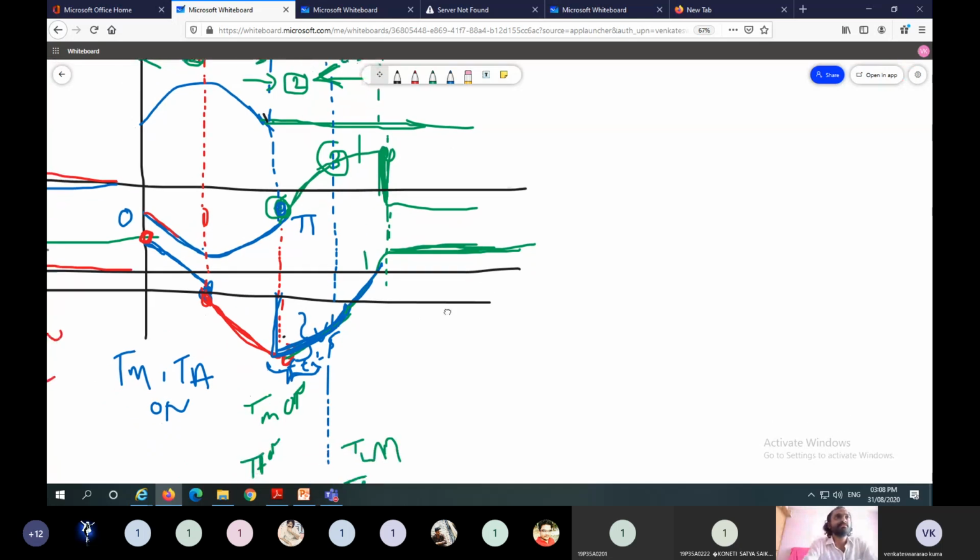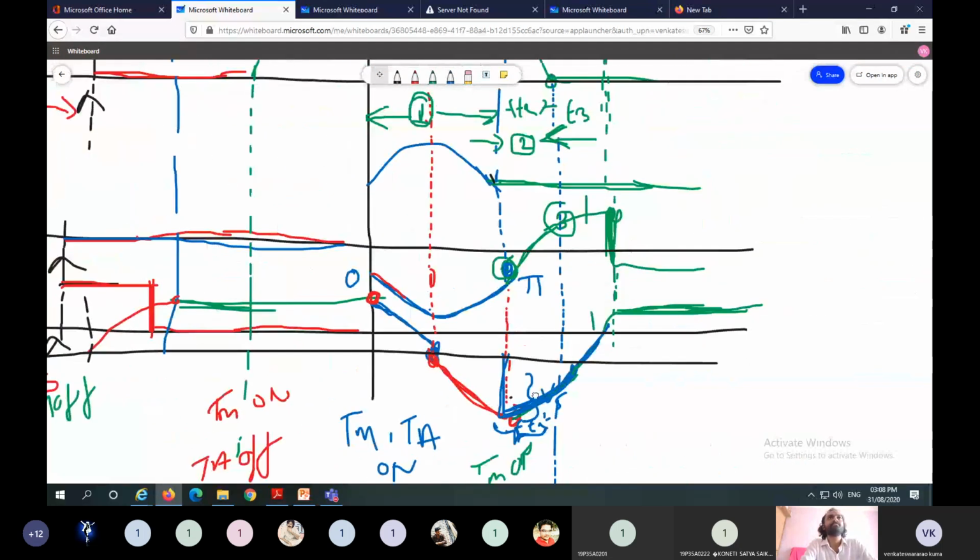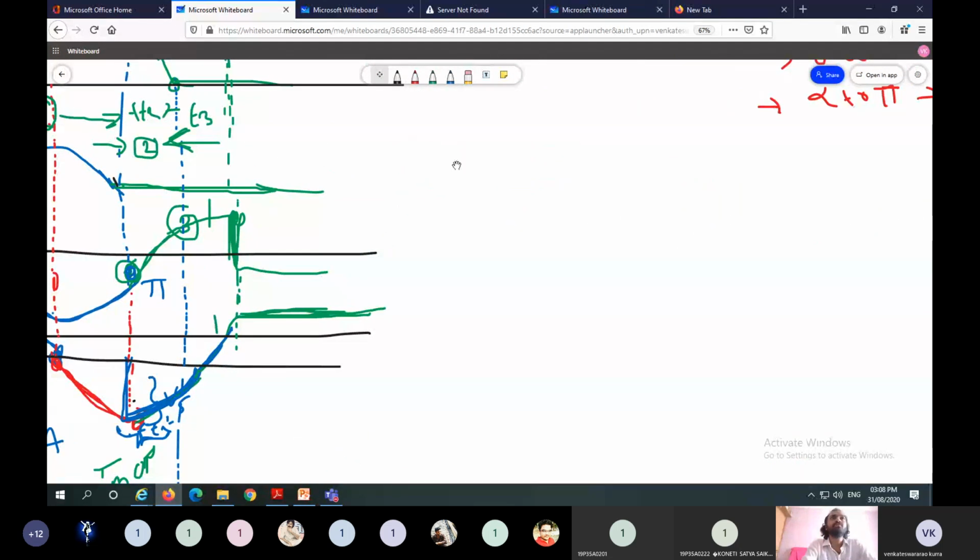Here the capacitor current Ic equal to root of C by L into Vs sin omega t.